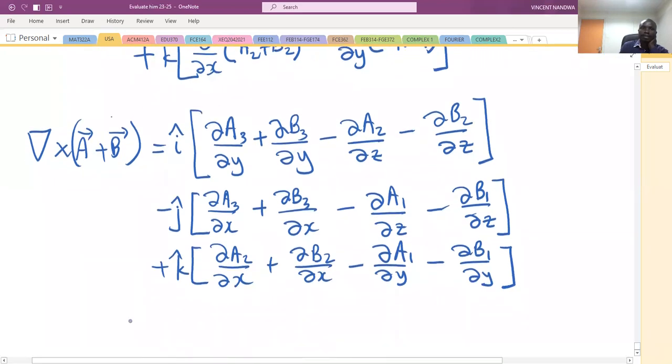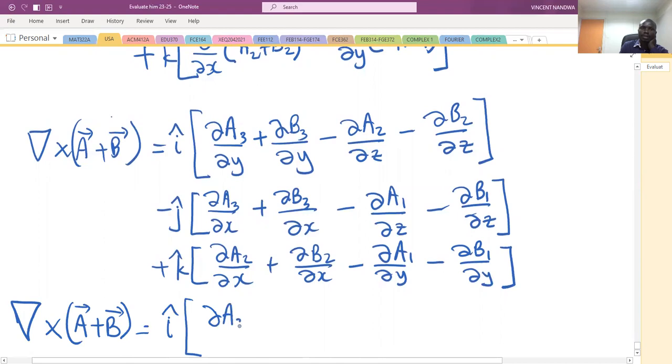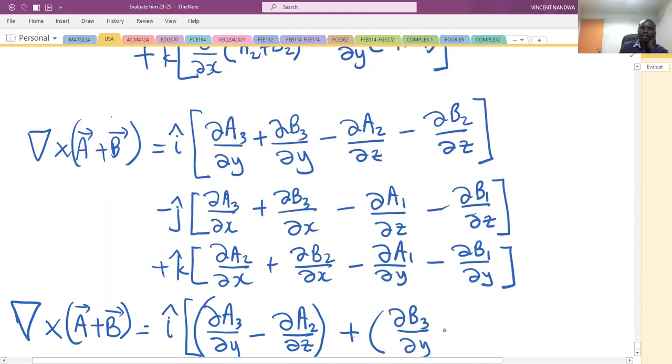So we write curl of A plus B equals to i into, so partial A3 partial y minus partial A2 partial z, then plus partial B3 partial y minus partial B2 partial z. That's just for i.